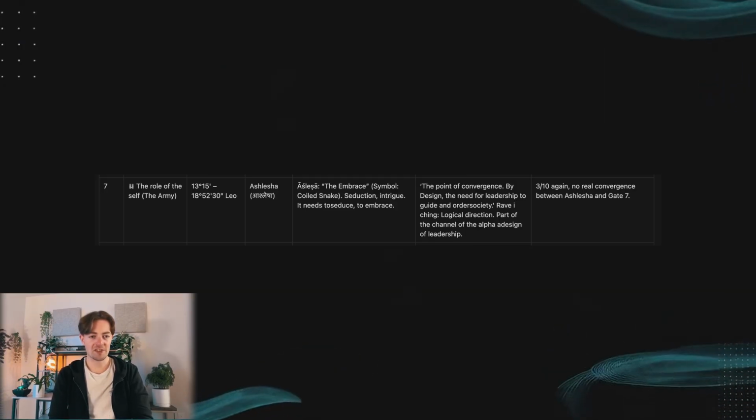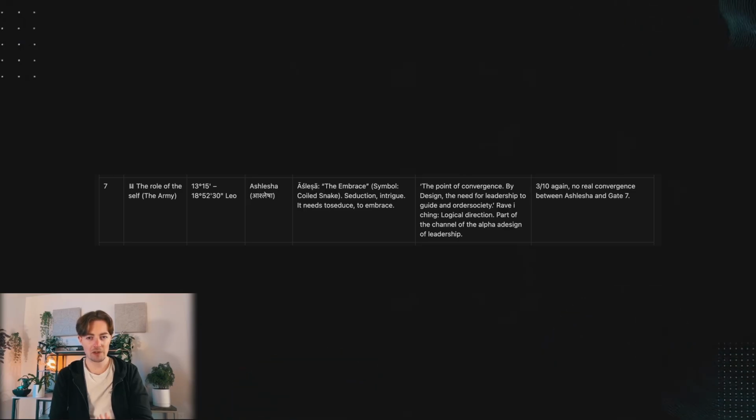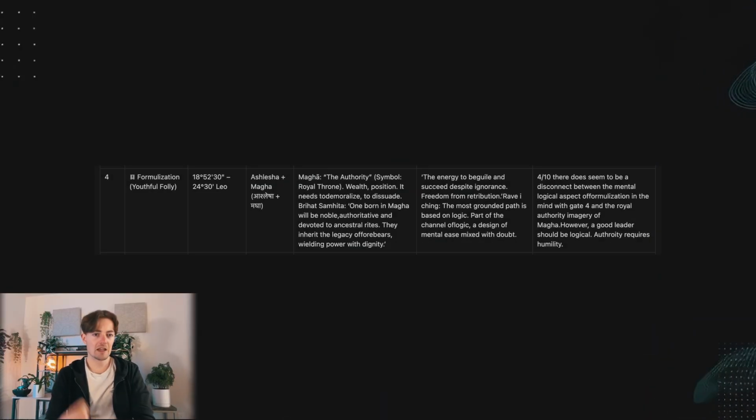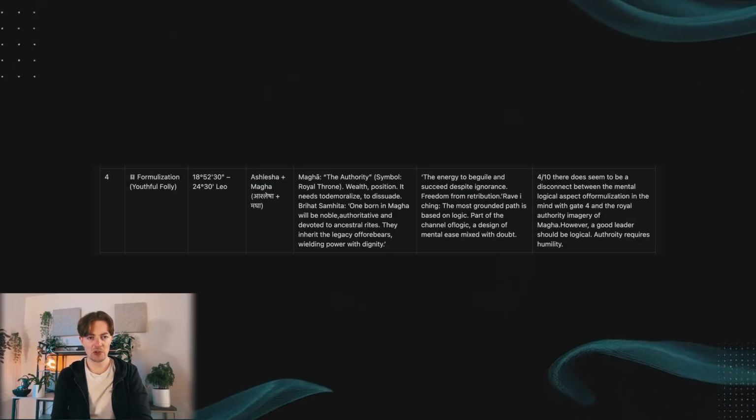This is the role of the self, the gate of the army. It's very much leadership based. It's part of the channel of the Alpha, the design of leadership. Again, no real convergence between this coiled snake, the seductive, poisonous, slightly dark nakshatra, and this hexagram. Not a real match.